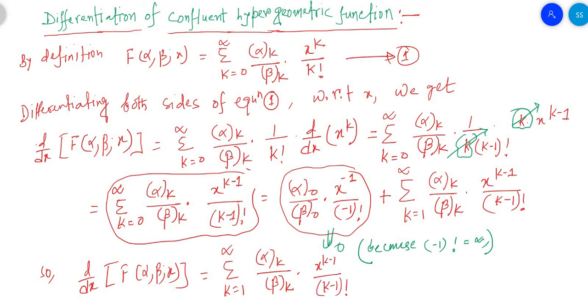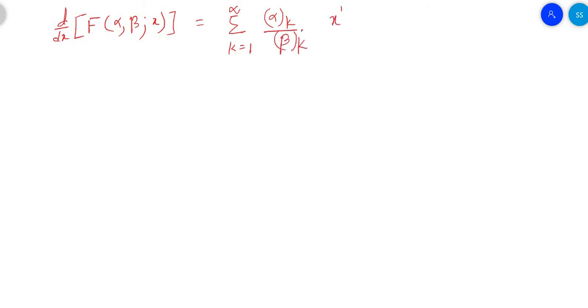Now we are having d/dx F(alpha; beta; x) is equal to summation k equals 1 to infinity (alpha)_k over (beta)_k into x to the power k minus 1 over (k minus 1) factorial.